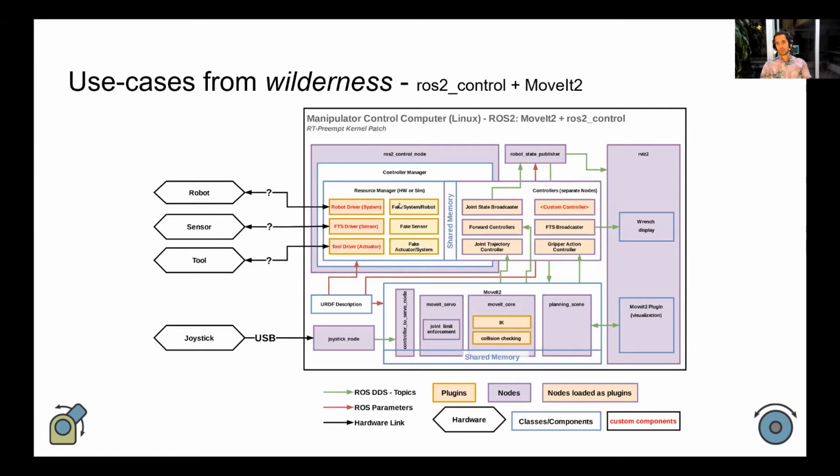There is additional implementation which helps you test the framework: fake system implementation and fake hardware. Basically, the idea is that these fake components will parse your URDF and create all the interfaces your real robot has and mirror your commands to states.